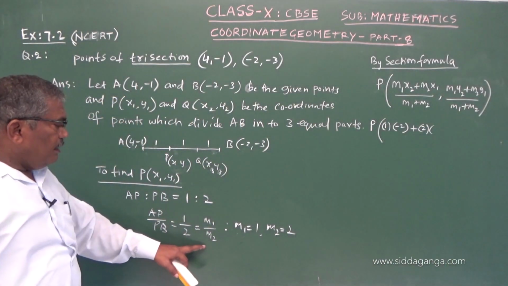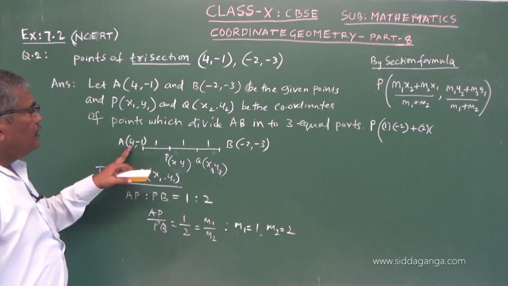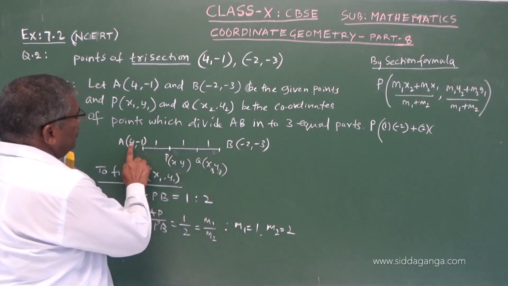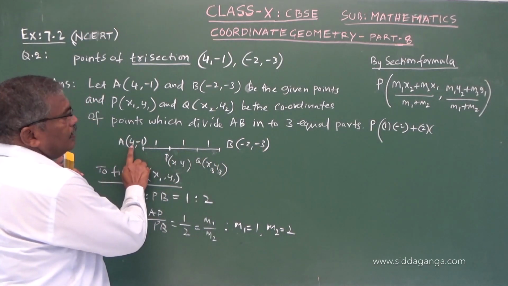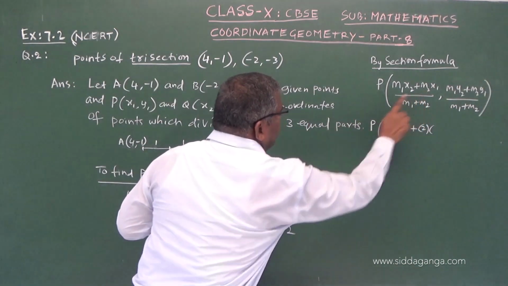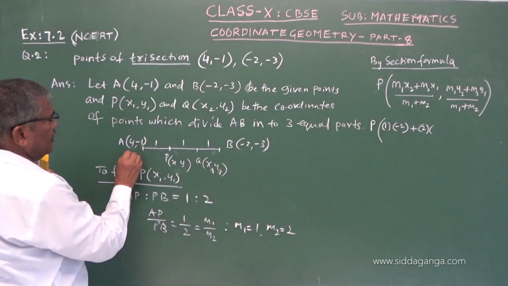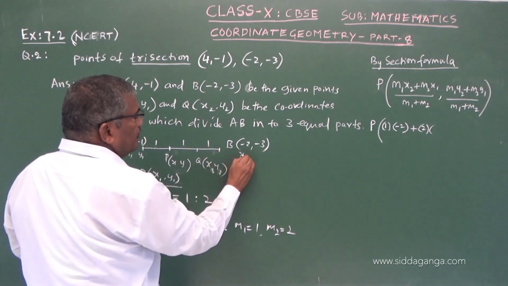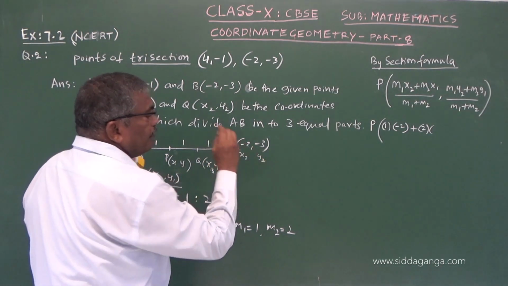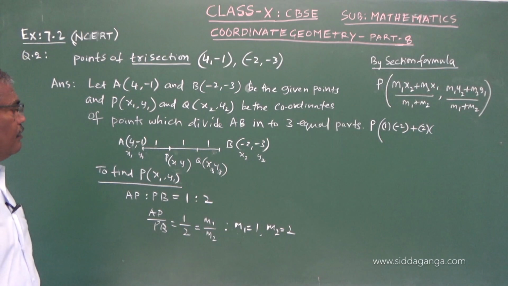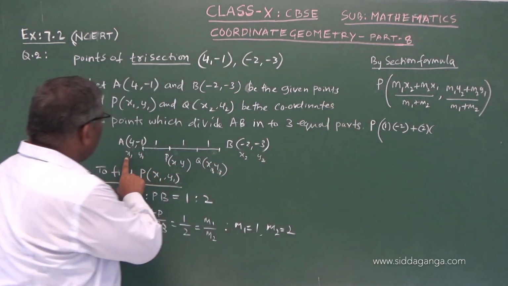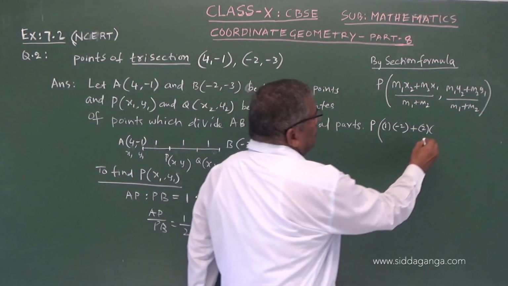Here we require x1, so therefore it is 4.